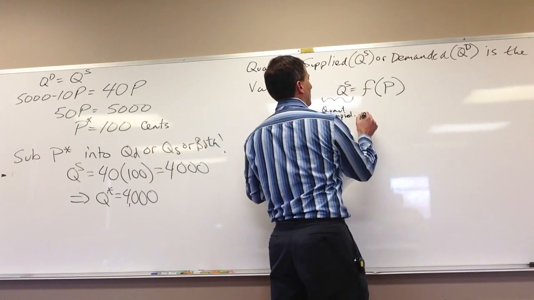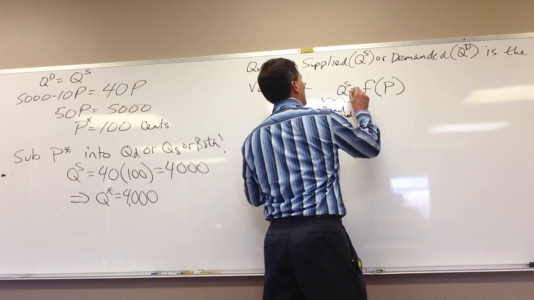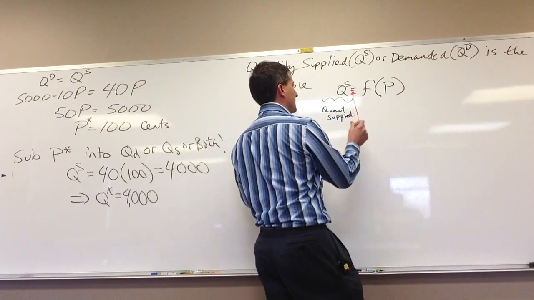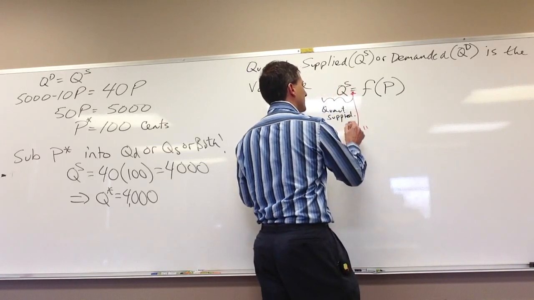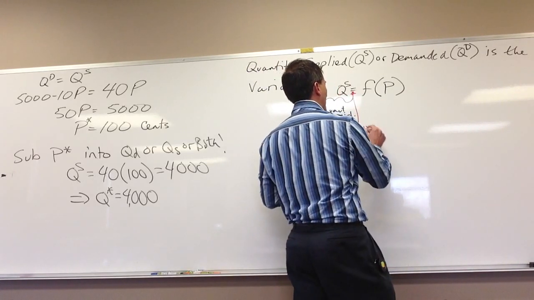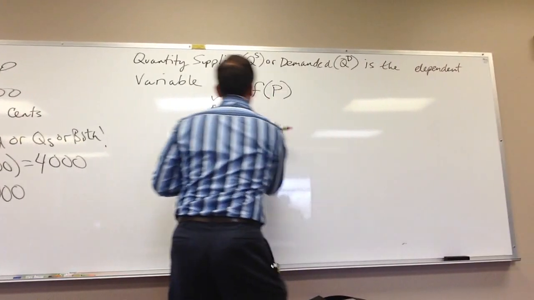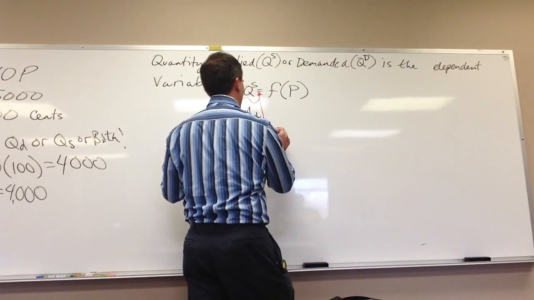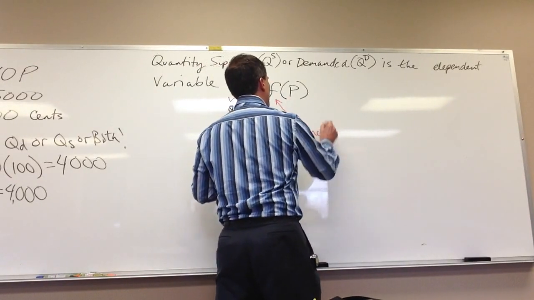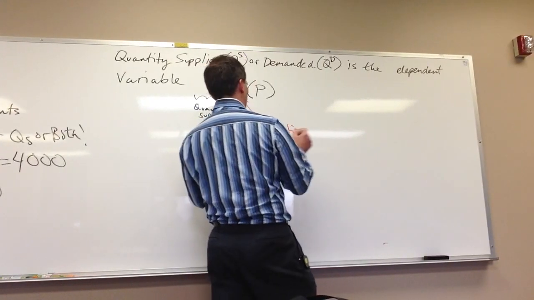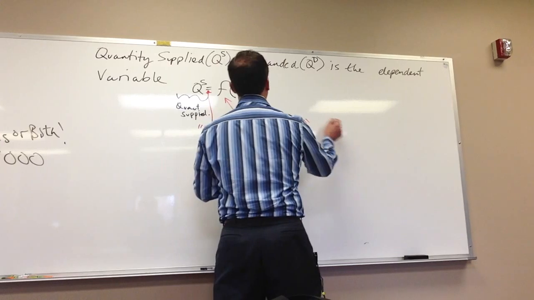So we've got our decoding glasses for the equation. Quantity supplied is a function of market price.